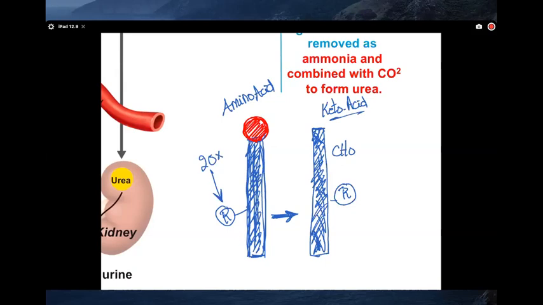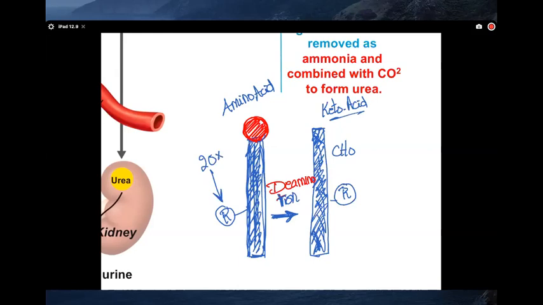But the key here is that this deamination process can take place in mainly one amino acid, I'm sorry. This deamination is taking place only for one amino acid.